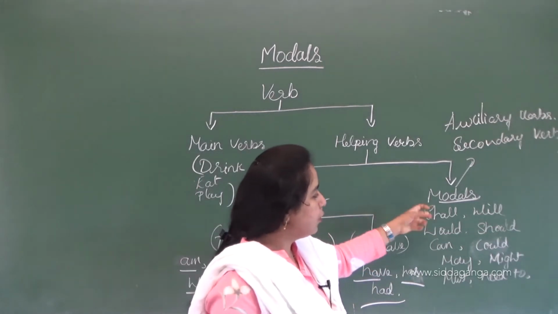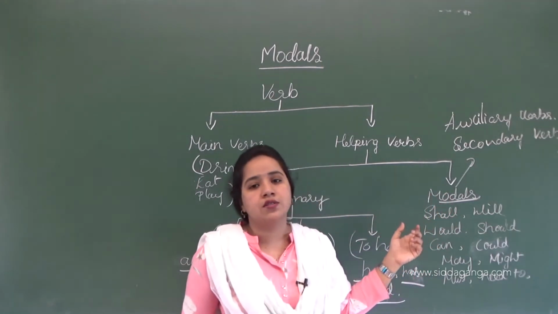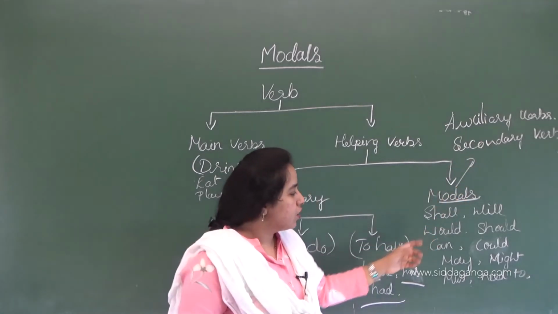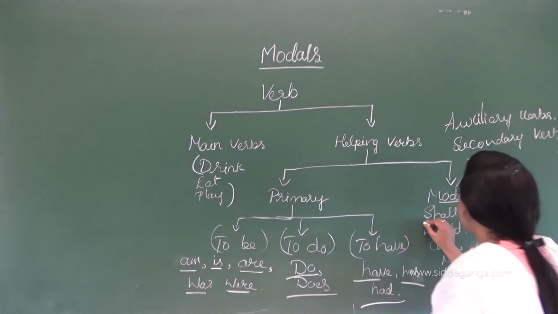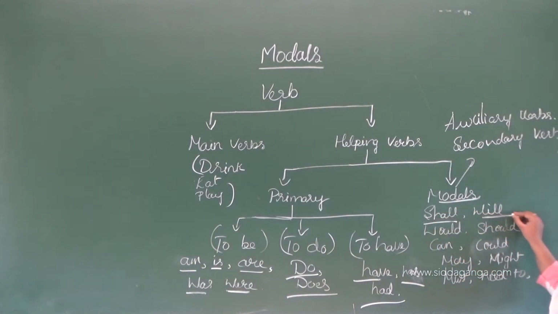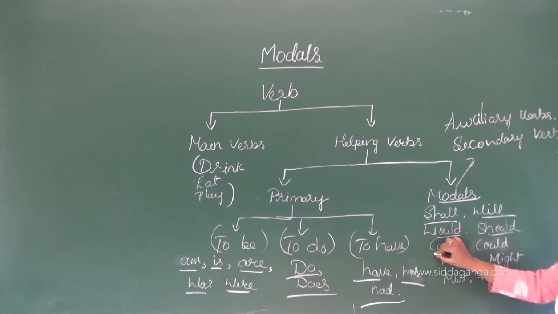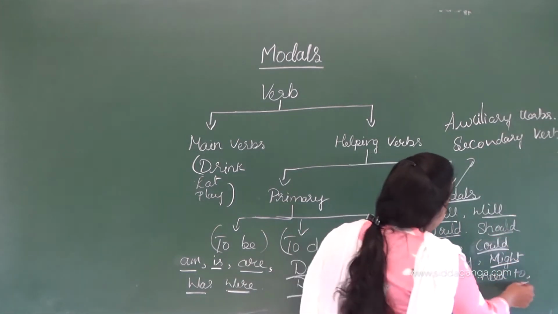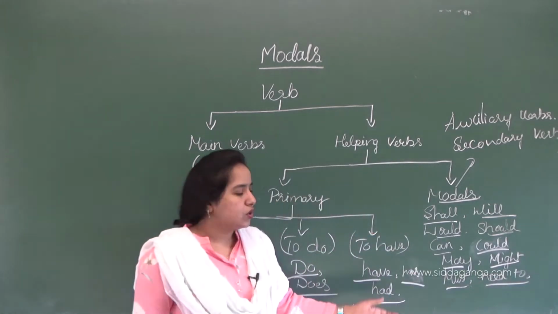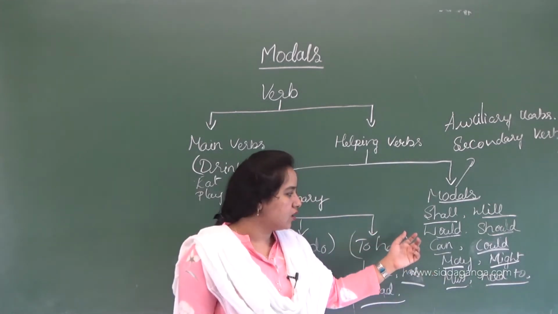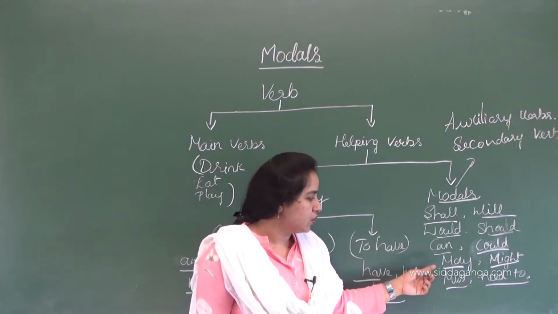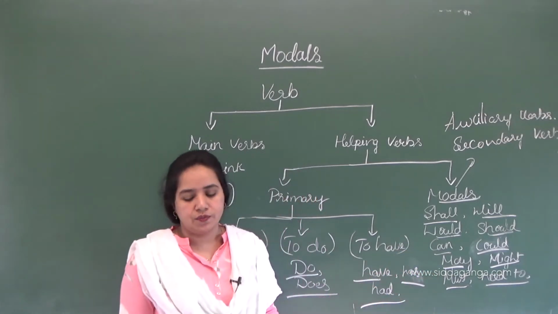Now see about the modals. Modals are also called auxiliary verbs and secondary verbs. Some of the modals are given here: shall, will, would, should, can, could, may, might, must, need to.